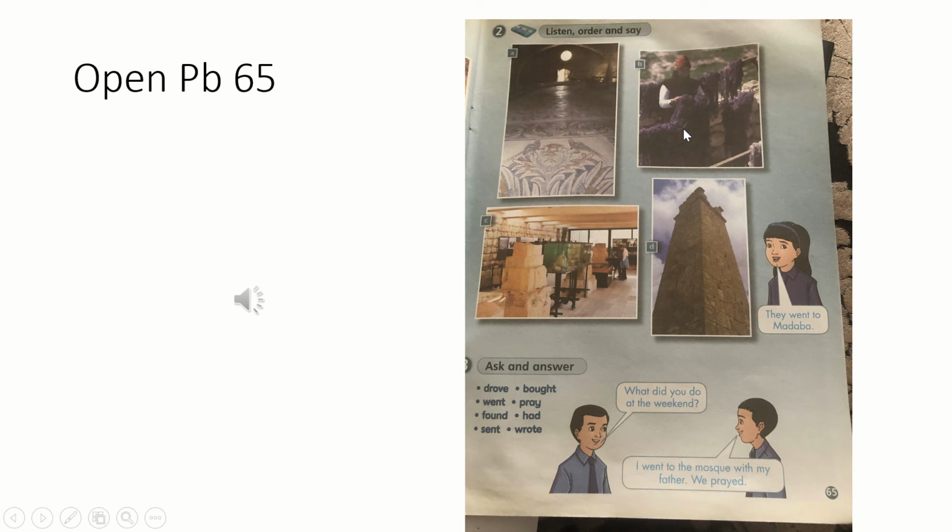Okay, so the family went with Uncle Isa and Aunt Majida to Madaba. They went to the museum, okay, and they saw gold, silver, and bronze coins. Then they went to the museum. They saw the mosaics of the birds.